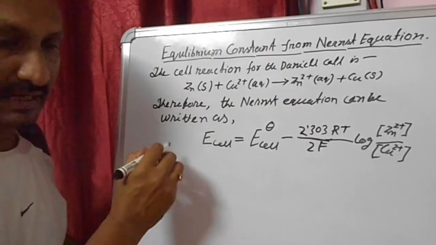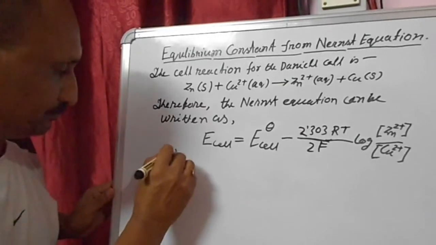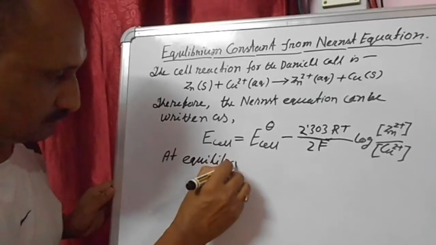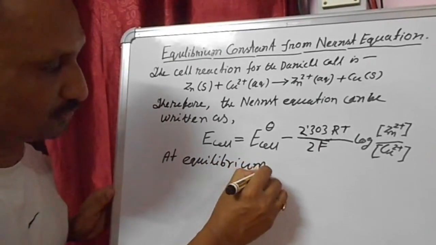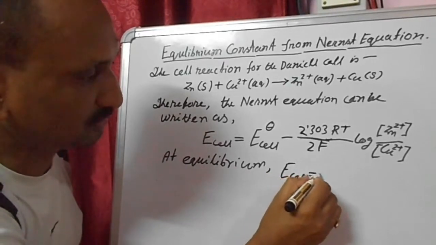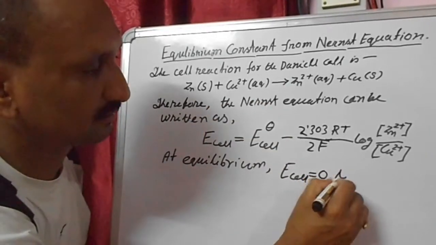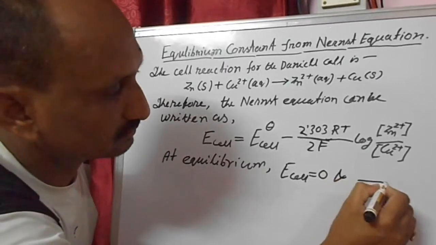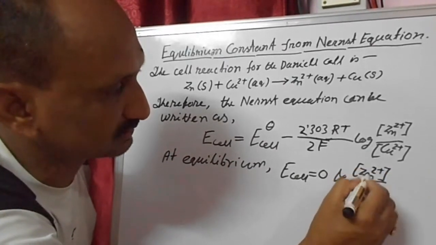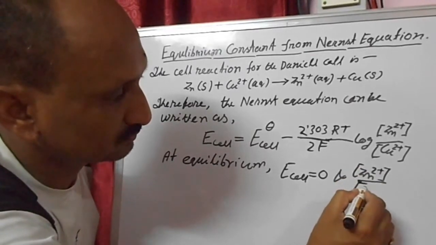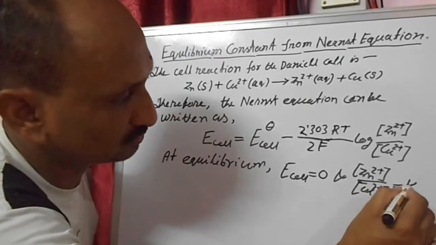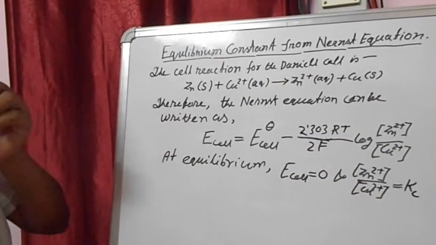Now at equilibrium, E cell will be equal to 0 and the concentration of zinc 2 plus divided by the concentration of Cu2 plus will be equal to Kc, the equilibrium constant, C for concentration.